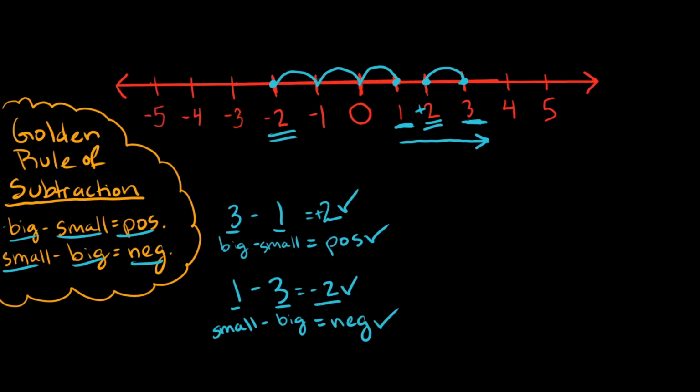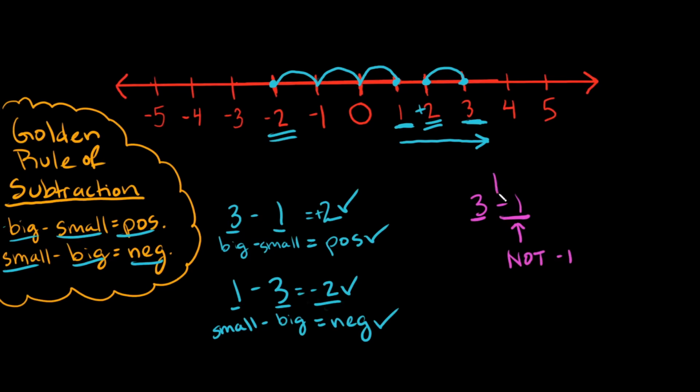Now, something I quickly want to point out so you don't get confused down the road. With these problems, when I'm saying 3 minus 1, and I'm asking you which one's bigger, 3 or 1, I'm not asking you 3 or negative 1, right? Because this number is not negative 1.